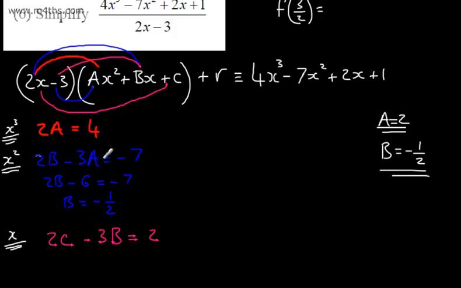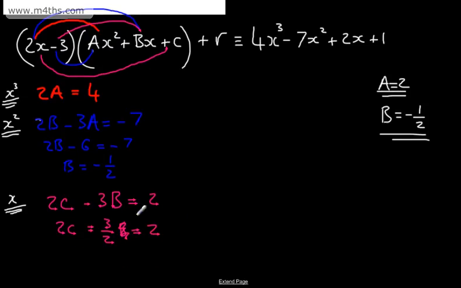So if I do that, what I'm going to have is 2c, and then we're going to have minus minus, so that's going to be plus 3 over 2, it's going to be equal to 2. So from this, if we subtract that, 2 minus 3 over 2 is going to give us a half, divided by 2. C is going to be 1 over 4. So let's write that there. So c is going to be positive 1/4.